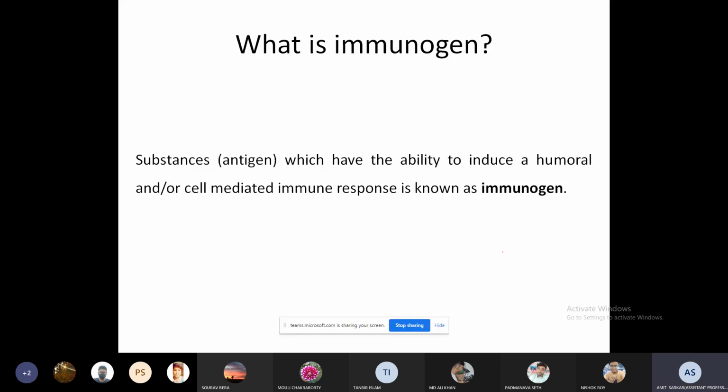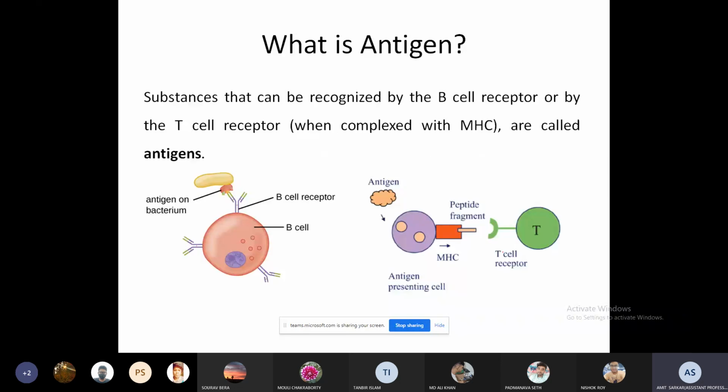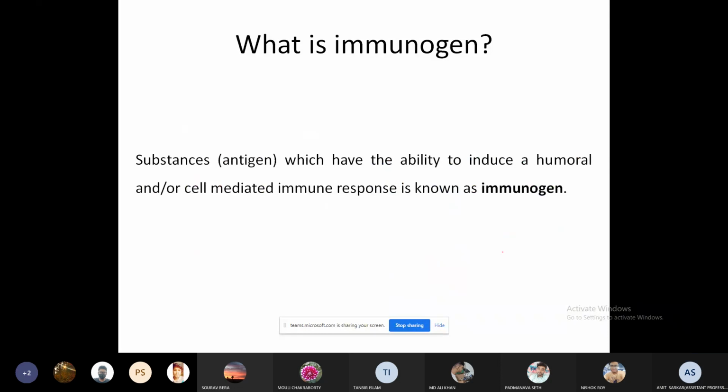Then the question comes, is there anything like that? You can simply say one thing, that there are a lot of things which are actually antigen but not immunogen. That means they are getting recognized by these two, but they are not capable enough to induce our immune system.